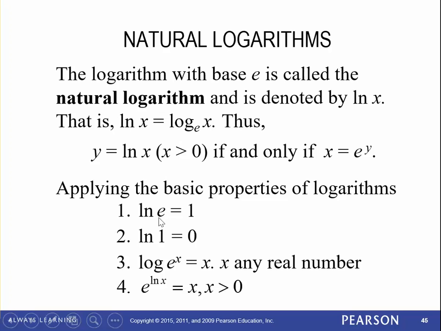All right, and again, the basic properties here: ln of e is going to be 1. ln of 1 is going to be 0. ln of e to the x is x, because the log... ooh, I did that one wrong here. Should say ln. Hey, cross that out. Glad I caught that. Let's change it right now.